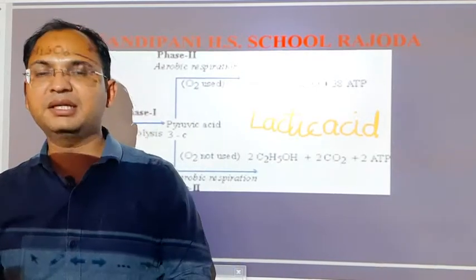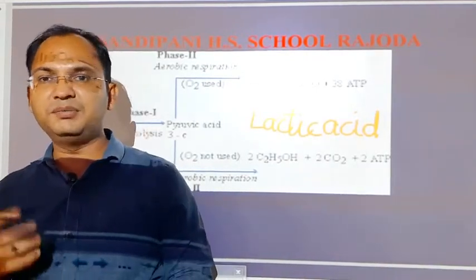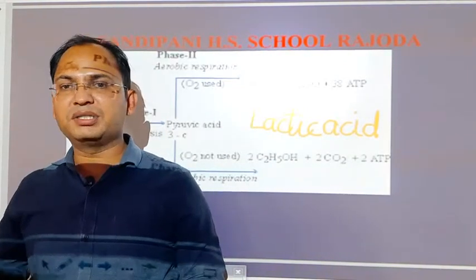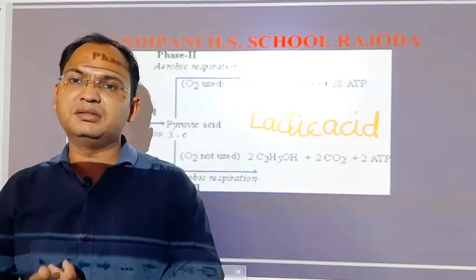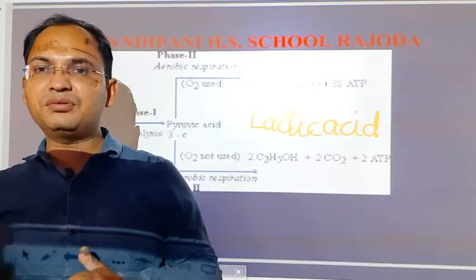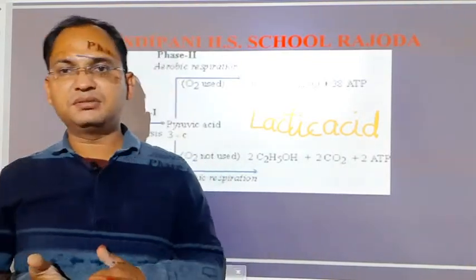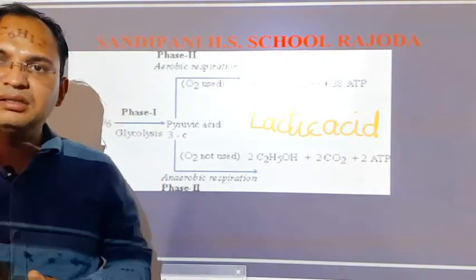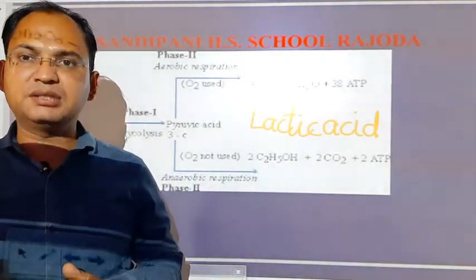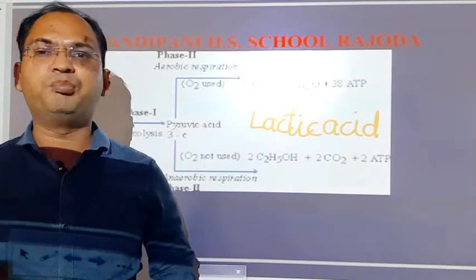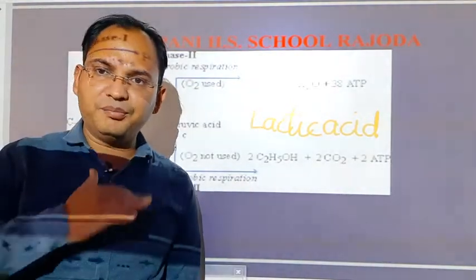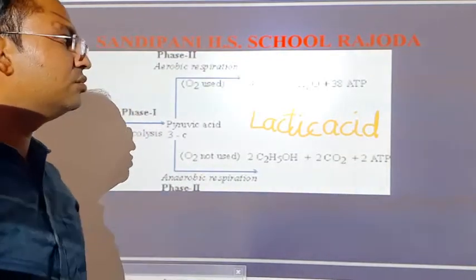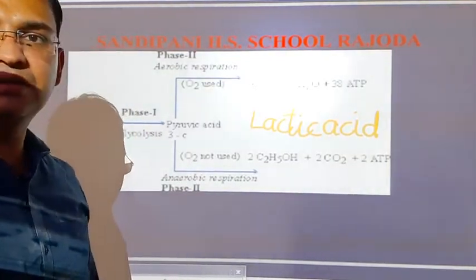Then that lactic acid gets deposited in between our muscle fibers, and our muscles start to pain. But after some time, due to the body heat, the lactic acid melts down and releases in our blood and frees our muscle fibers, so the pain is retarded.